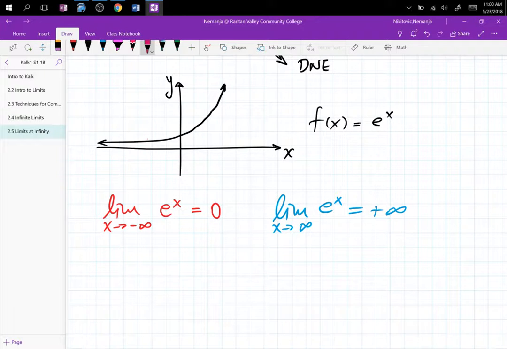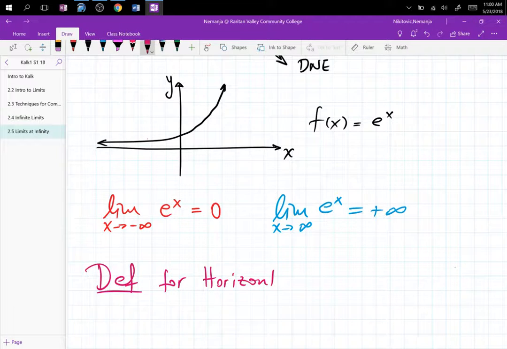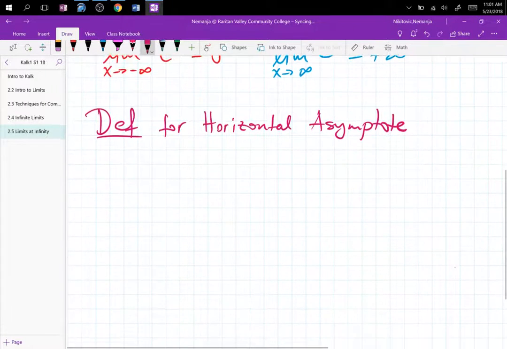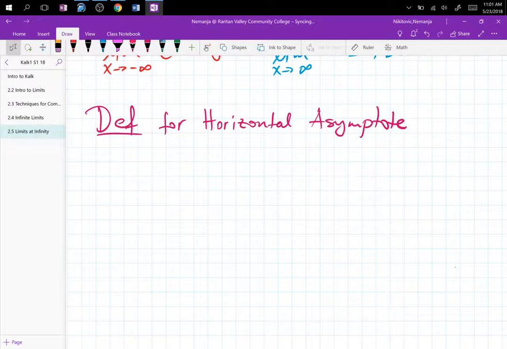So, the definition for horizontal asymptote.